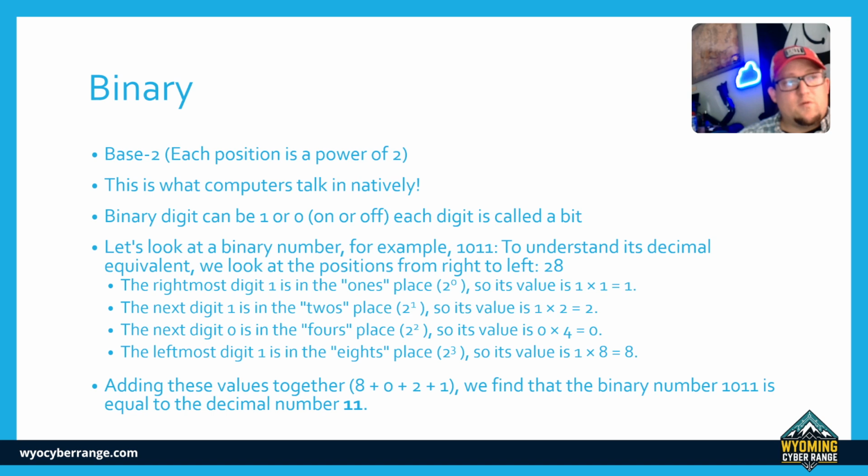And then the last number was in our 8's place, 2 cubed, which is 1 times 8, which is 8. If we add this all together, we get a decimal value of 11. This is how binary is created. And instead of counting 1, 2, 3, 4, 5, 6, 7, 8, 9 with a base 10, we are now talking in base 2. It is either 0 or 1, nothing in between.